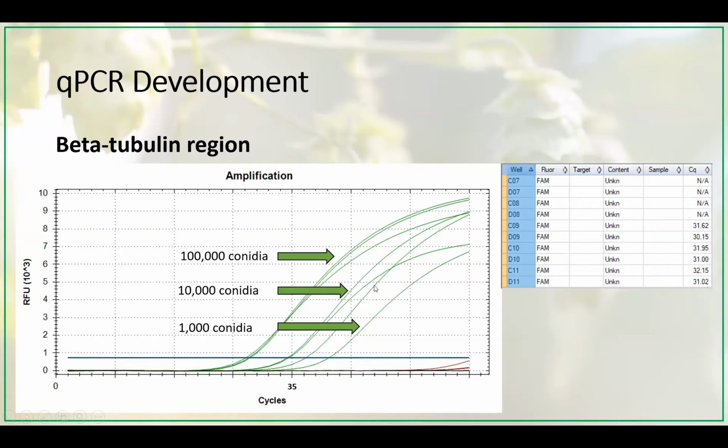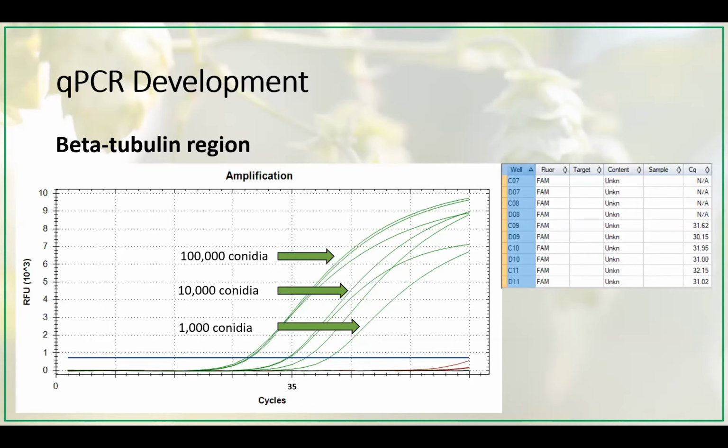The 10,000 conidia was a little more inconsistent, not as efficient as 100,000. And then the triplicate with 1,000 conidia, amplification was inconsistent, and under 1,000 conidia, we weren't getting detection. So this assay proved to not be sensitive enough to detect low levels of disease in hop yards, which is what was necessary for our purposes.